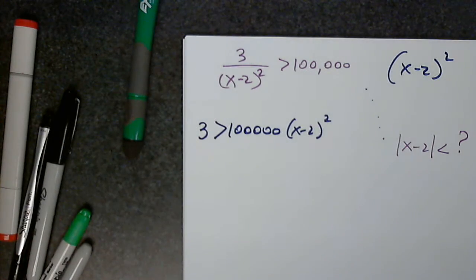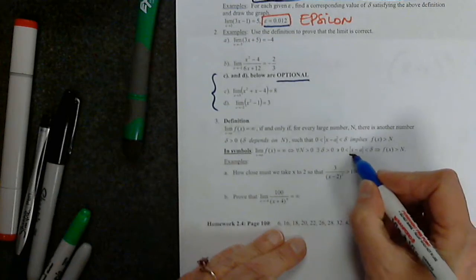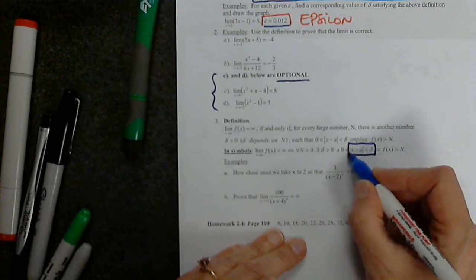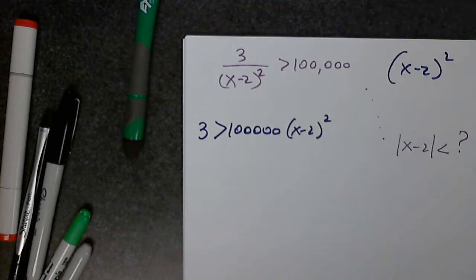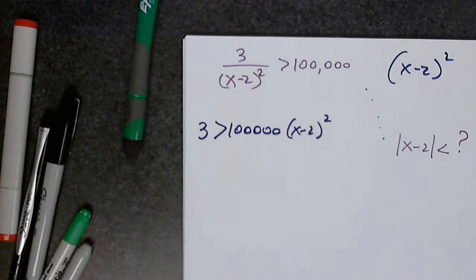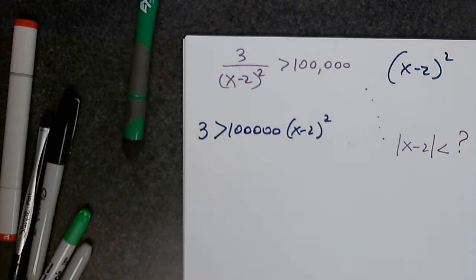Remember what I'm getting at. I want this, like always in these proofs. So how do I get closer to that? What should I do to both sides now? No, it's already factored.